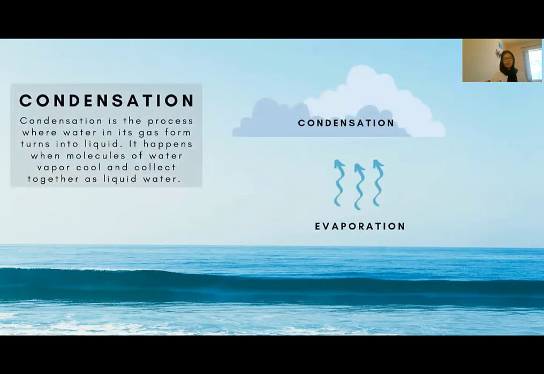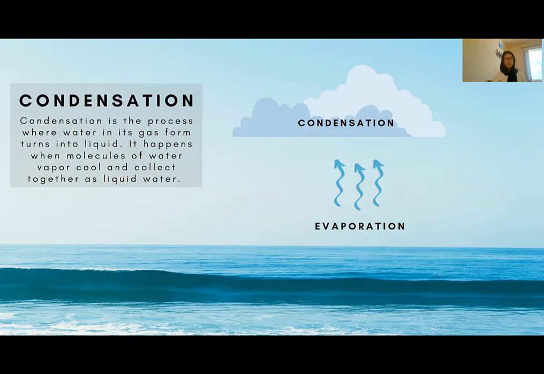Next, we have condensation. It's easier for water vapor to condense into water droplets when it has particles to condense upon. These particles, such as dust and pollen, are called condensation nuclei. Eventually, enough water vapor condenses upon pieces of dust and pollen to form a cloud.